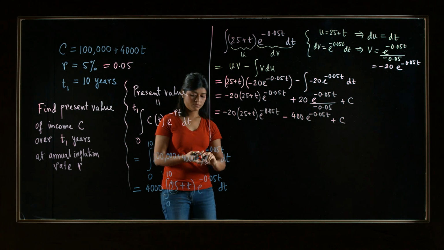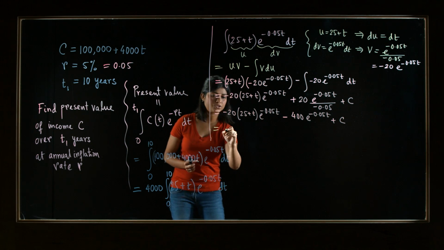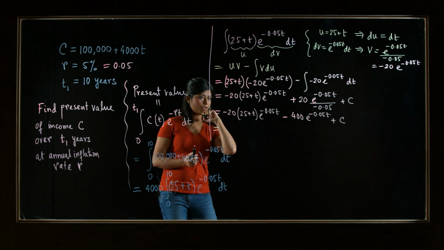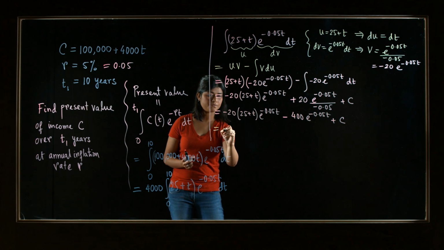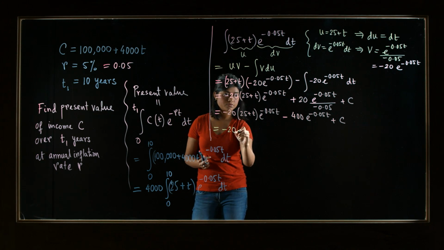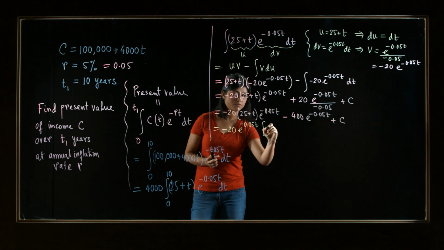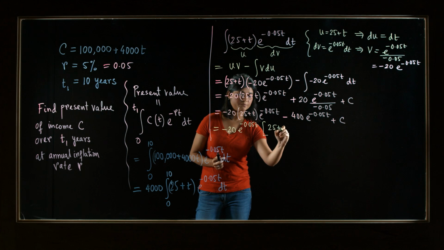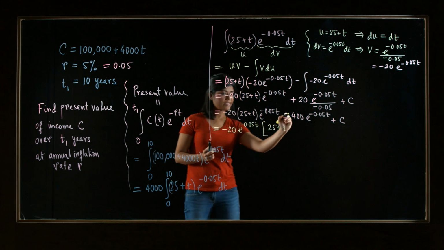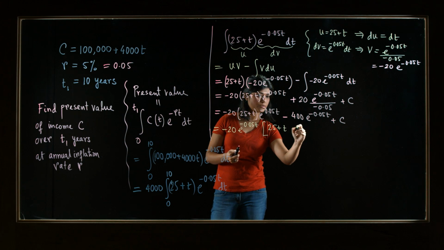And finally, let's take out the common factor of -20 and the exponential function. And we'll be left with, from the first expression, 25 plus t. Now from the second expression, we took out 20, so there will be another 20.